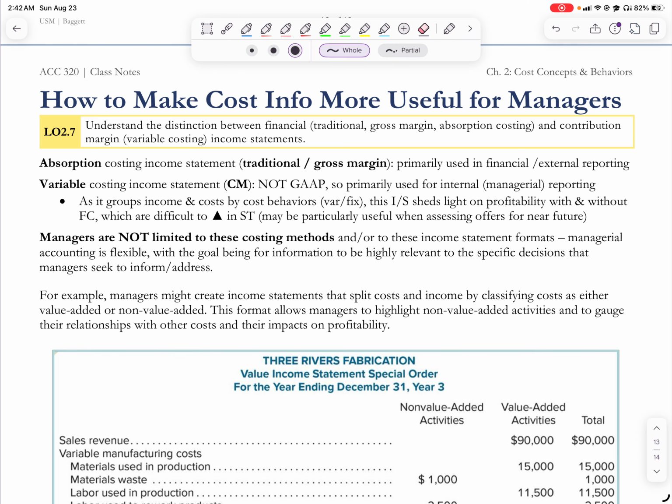While absorption has to be used in financial reporting, it is GAAP, variable costing and the contribution margin income statement are not GAAP. They are primarily used for internal, managerial, or cost accounting purposes.